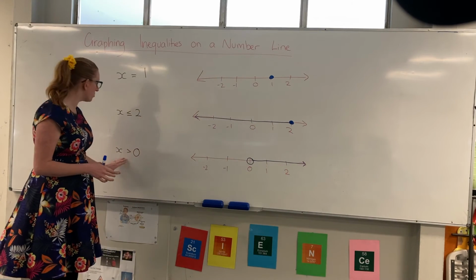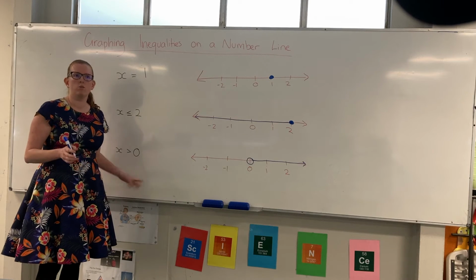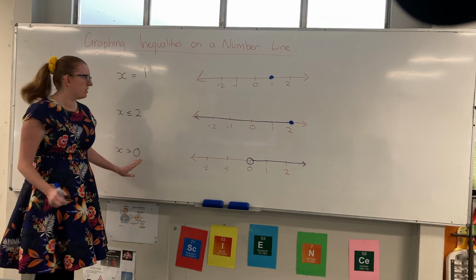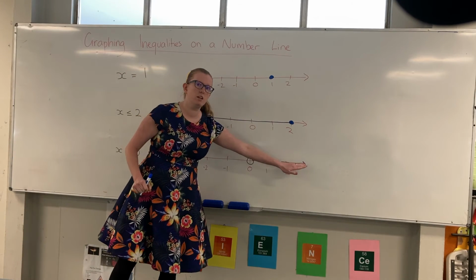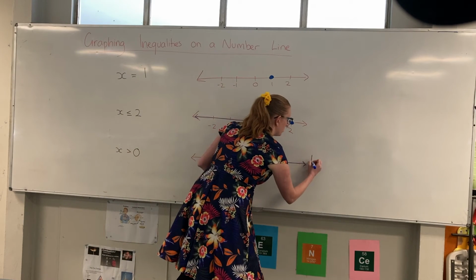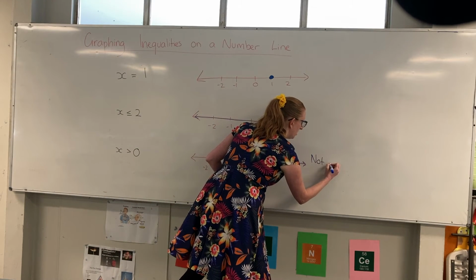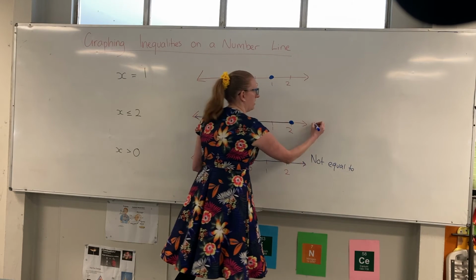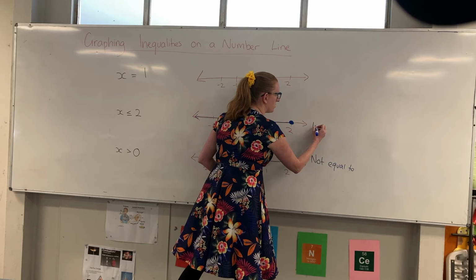So because x is greater than 0, that means it could be 1, it could be 2, it could be 3, and so on. So I put an arrow heading in that direction, and an open circle represents not equal to. And the full circle is equal to.